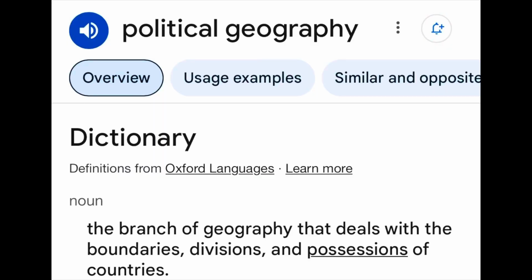So for political geography, the Oxford definition, using the Oxford Dictionary for these definitions on Google. Its definition for political geography is the branch of geography that deals with boundaries, divisions, and possessions of countries. So, kind of what it sounds like.